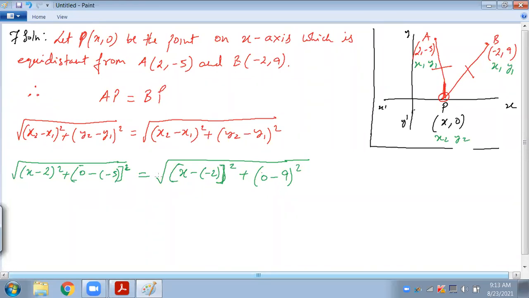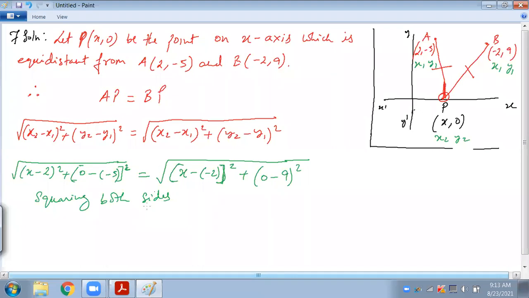Okay, now if you see, on both sides we have root. So how to remove the root? We can square and remove the root on both sides. So we'll write squaring both sides. Squaring both sides.